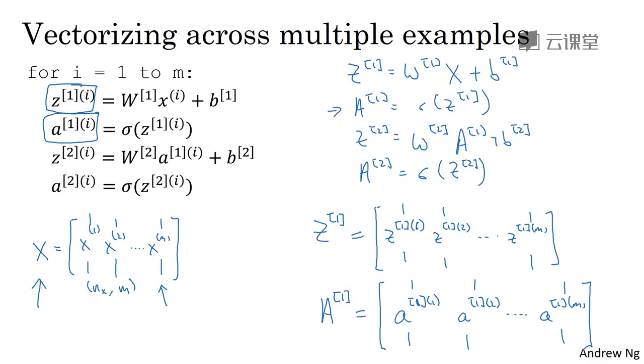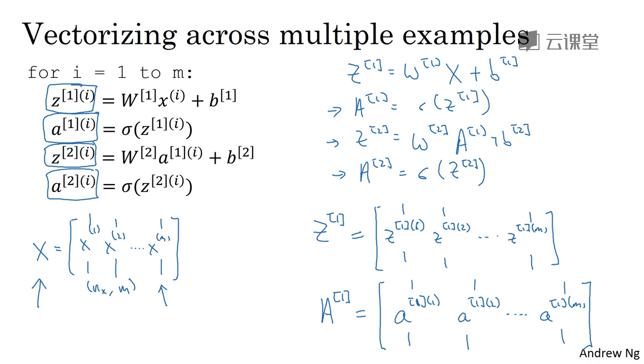And similarly for Z2 and A2, right? They're also obtained by taking these vectors and stacking them horizontally, in order to get capital Z2 and capital A2.